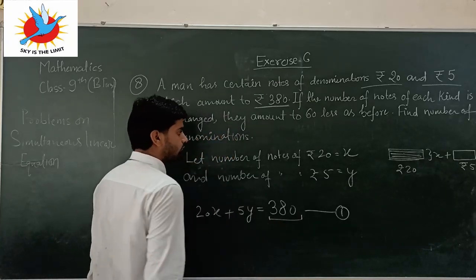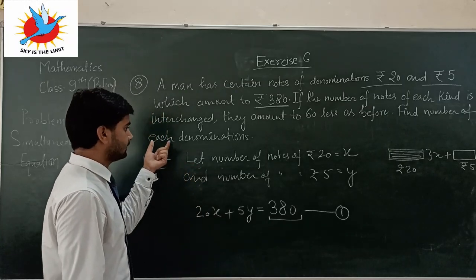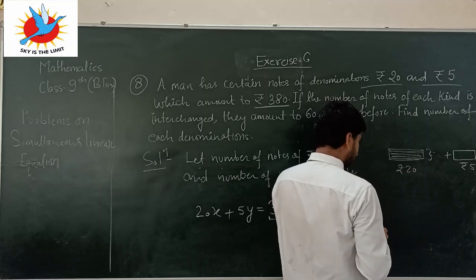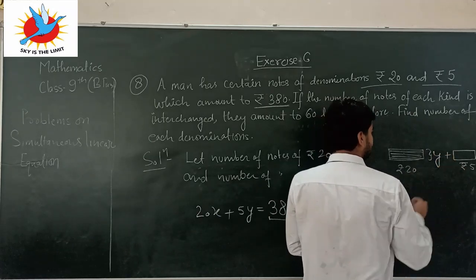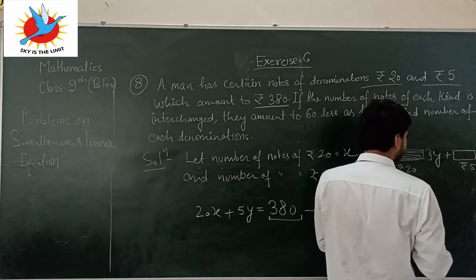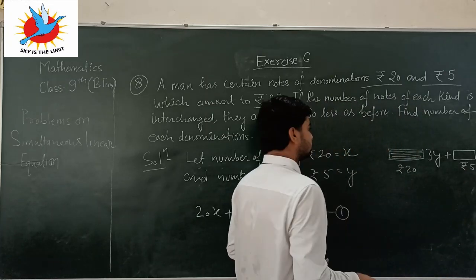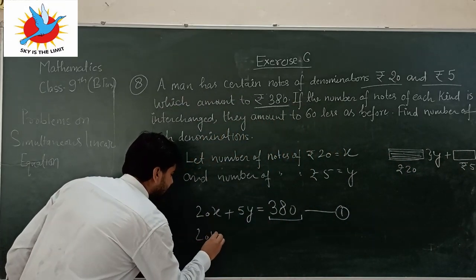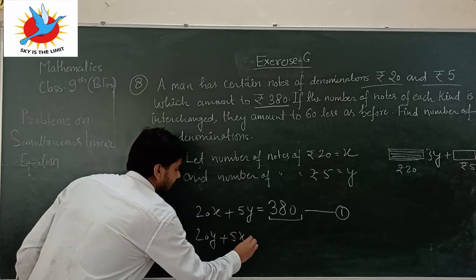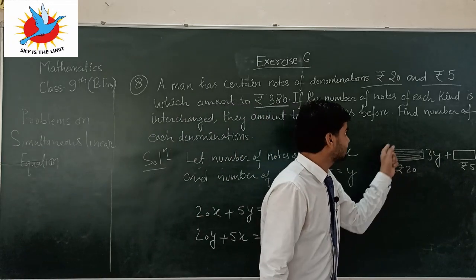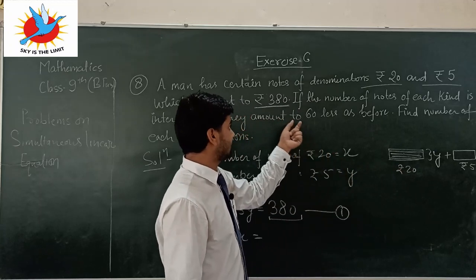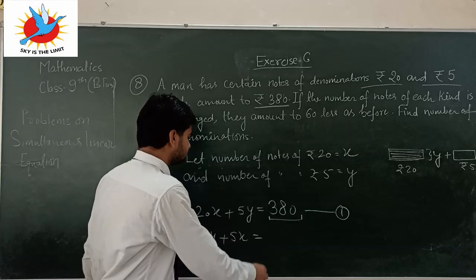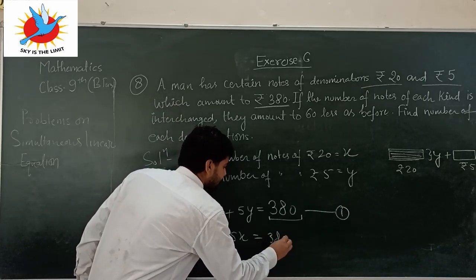If the number of notes is interchanged, this pack of rupee 20 notes contains y notes, and this pack of rupee 5 notes contains x notes, so the total amount will be 20y plus 5x, and this amount is 60 less than before, that is 380 minus 60.